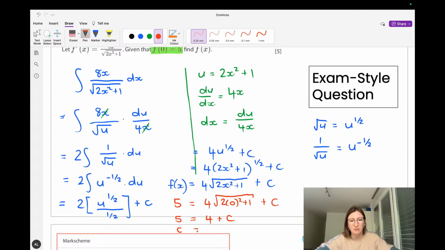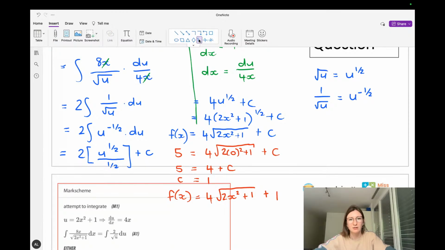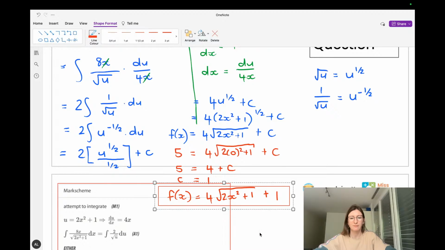So c equals 1. And now I need to write my whole function. So f of x equals 4 root 2x squared plus 1 plus my c, which I figured out was 1. Let's put a fancy box around it so we know we're absolutely done. There we go.